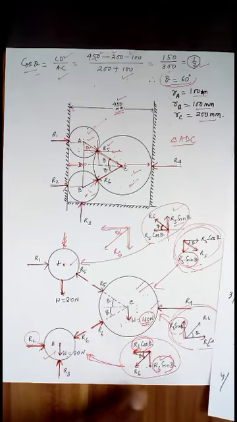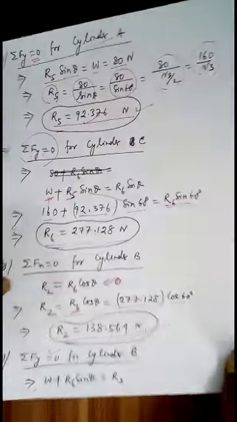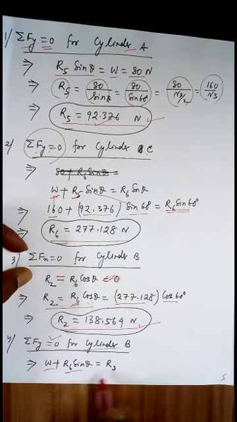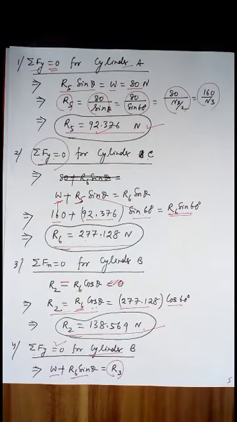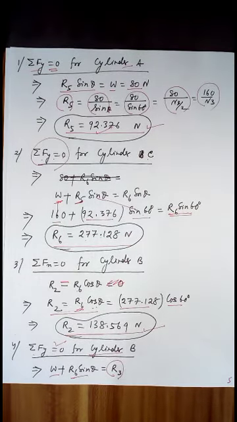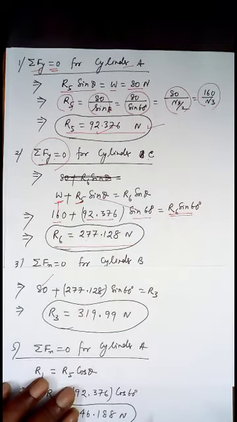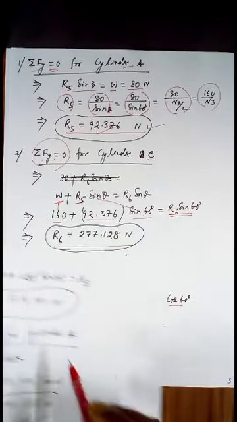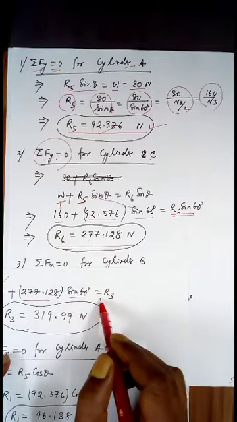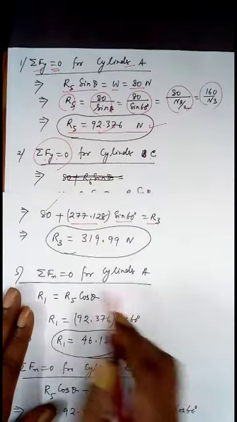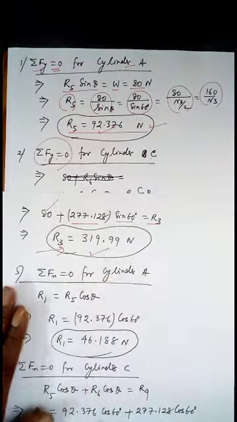So W plus R6 sin theta is equal to R3. Put the value of W, it is given as 80. Then R6 sin 60 is equal to R3. So solving this gives you R3.